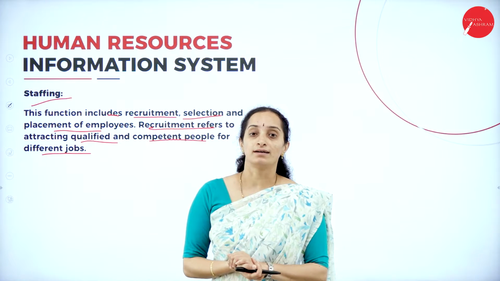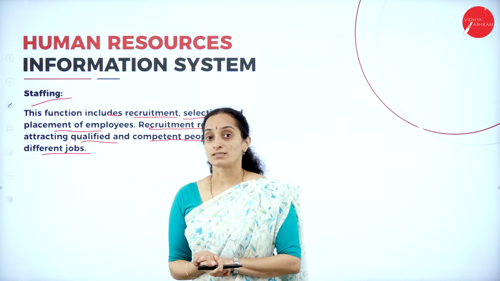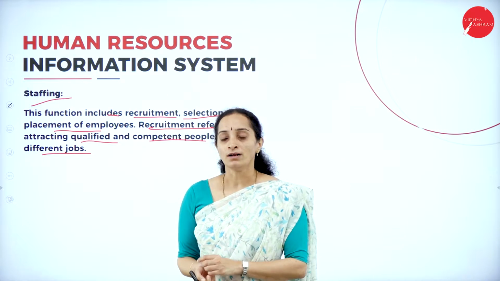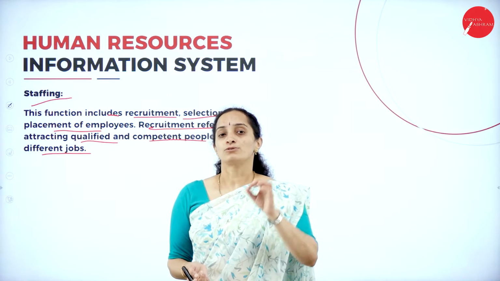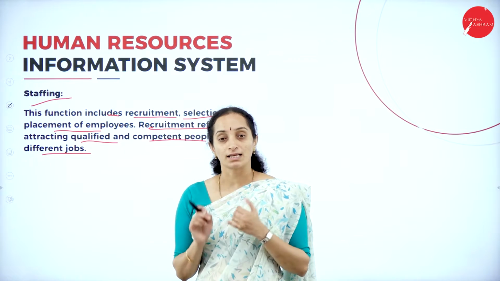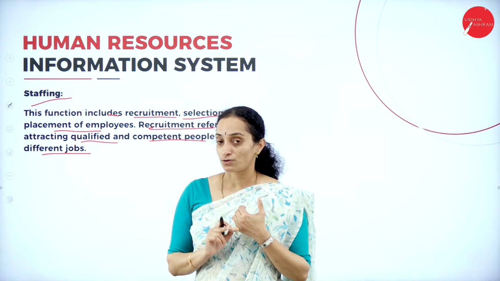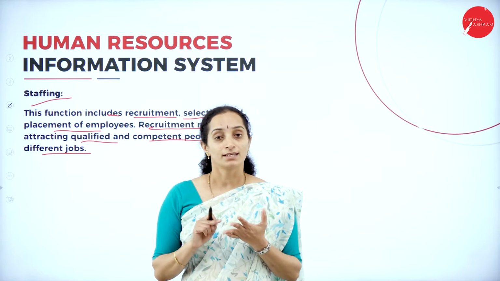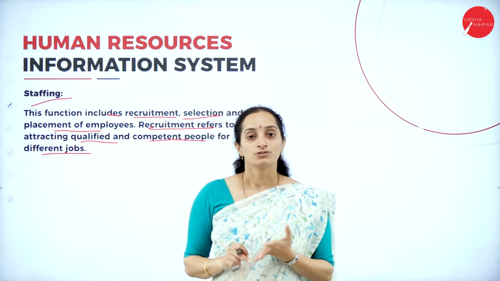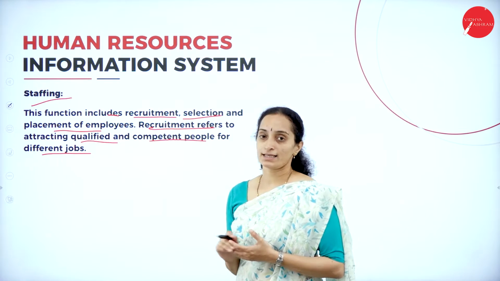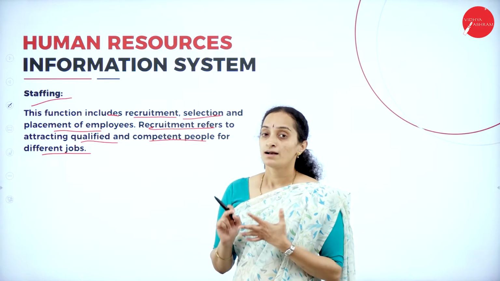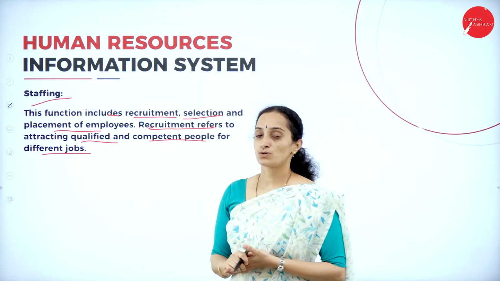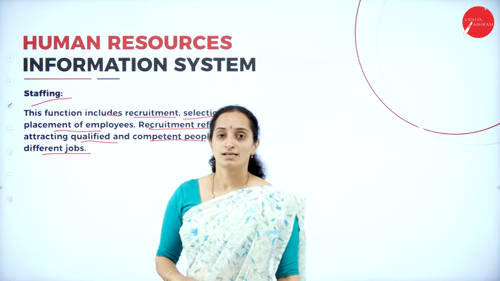Then what the HR information system or the HR department has to do is decide whether this person is suitable for the job or not, whether he is qualified for that particular position, whether he is competent as well. So this has to be taken care of by the HR department, which will be assisted by the human resource information system.